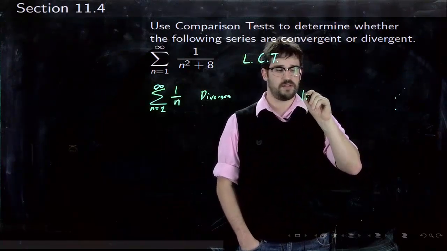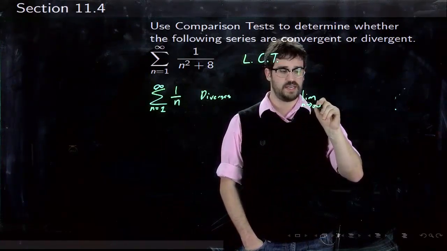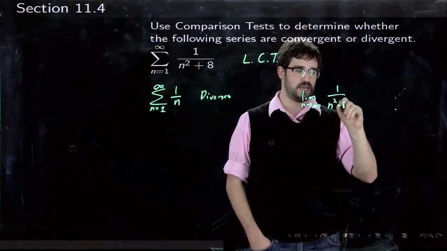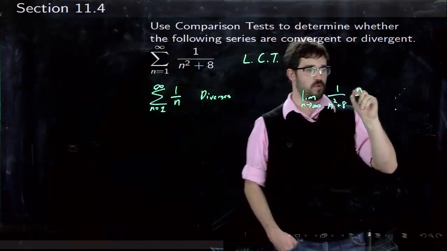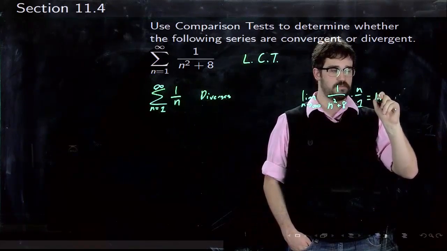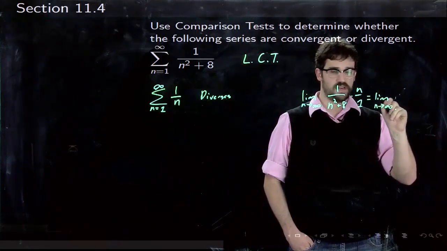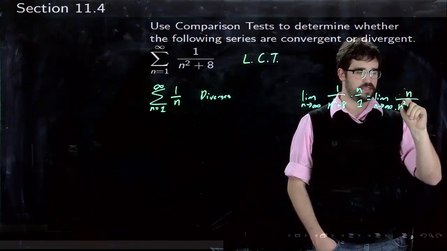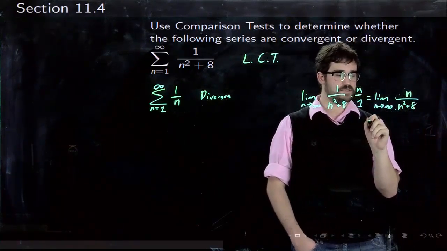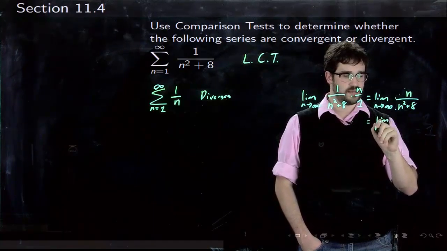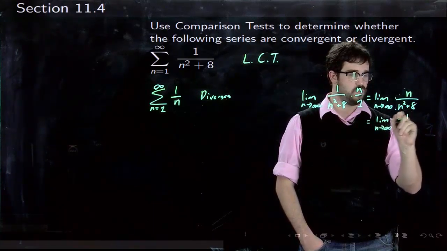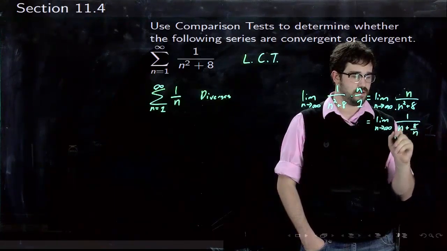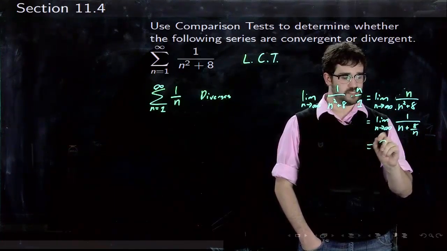And when we take our limit, we would still have our 1 over n squared plus 8 times n over 1, which is just going to be the limit as n goes to infinity of n over n squared plus 8, which when we divide things by n, we get the limit as n goes to infinity of 1 over n plus 8 over n, which will just be 0.